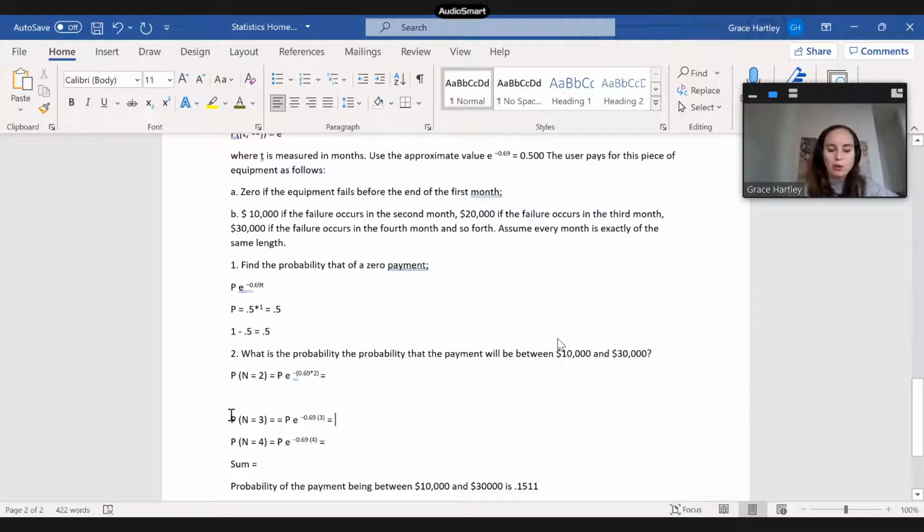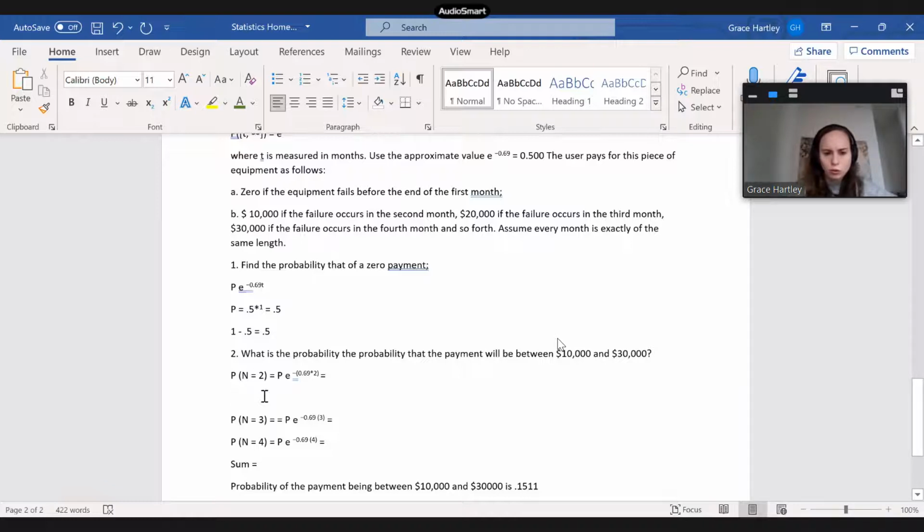So maybe we don't even need to calculate this one. What you're doing is calculating the probability from what to what. From month 2 to month 4. You're on the right track, but not from month 2 to month 4.